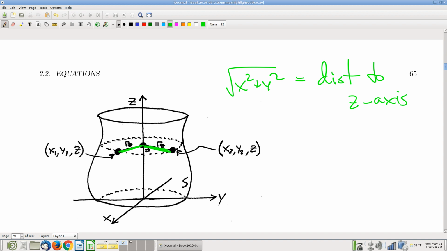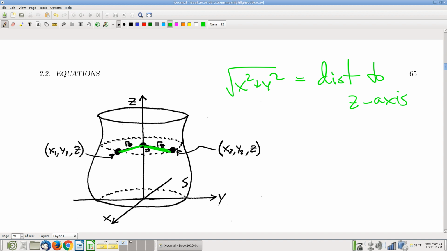So what this is saying is that, if your equation has this feature that x and y appear only as part of this one expression, distance to the z-axis, that means you can decide if a given point is or is not on your surface. Simply, you don't need to know x and y. All you need to know in terms of x and y is, what is the value of square root of x squared plus y squared? What is the distance to the z-axis?